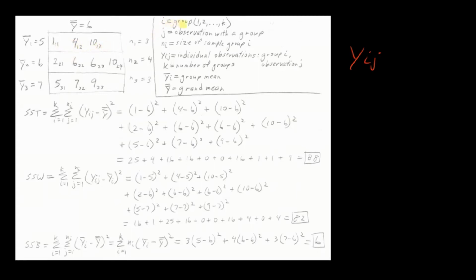And so what I would recommend is look over each of these things in the kind of legend that I made here, and make sure you understand where each one of these are coming from, and that you understand these double notations here. And when you do these, basically you take the inside one and you go through one total iteration of J up to Ni, which is the size of the sample group.